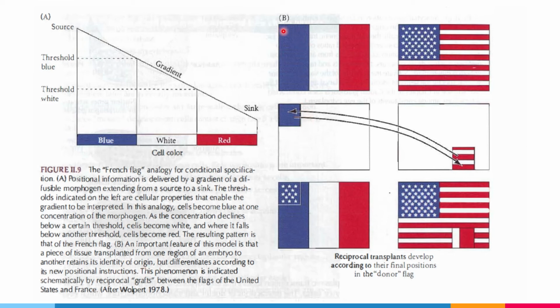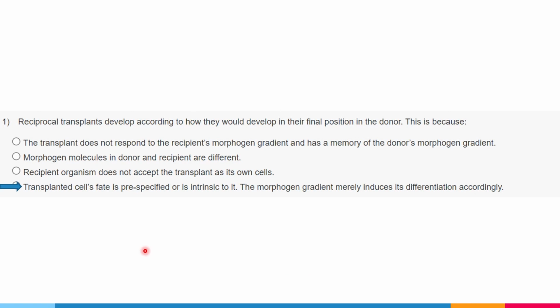So since here in the French flag it would have formed a vertical white and red, even if it is transplanted, it still retains its original identity, but differentiates according to its new positional instructions. This phenomenon is indicated schematically by reciprocal grafts between the flags of US and France. So, the answer to this particular question is that the transplanted cell's fate is pre-specified or intrinsic to it.